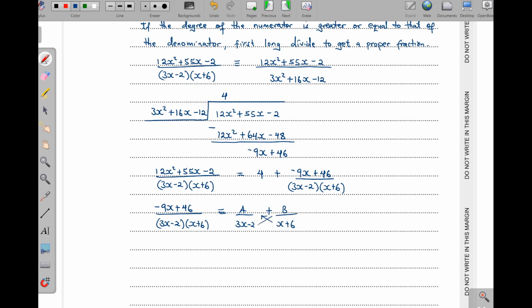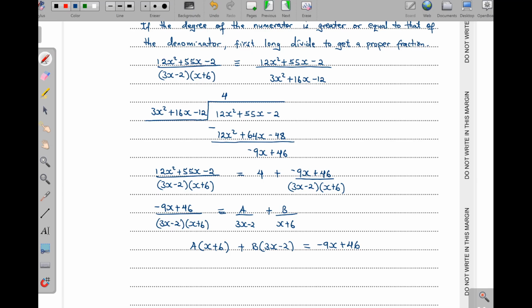This times that, and then this times this. Then this will be the denominator, okay? So we shall get a into x plus 6, then plus b into 3x minus 2. Then this one is supposed to be equal to negative 9x plus 46.